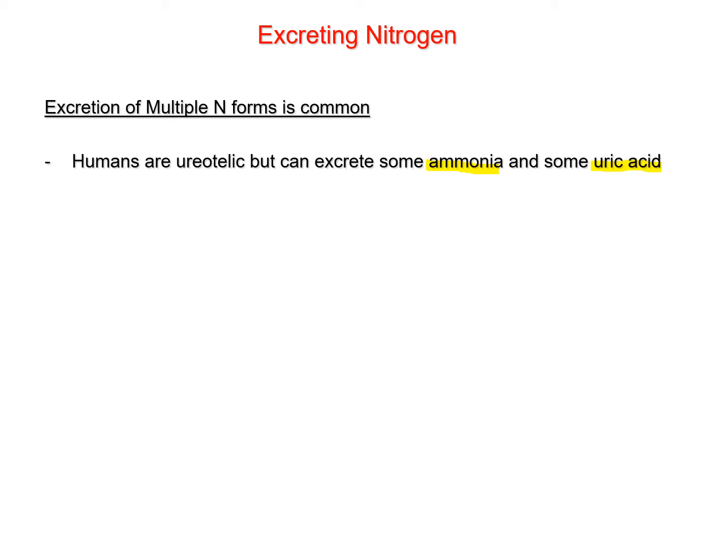And that causes a condition called gout, which is an inflammatory disease of the joint, and therefore is a form of arthritis. Gout: deposition of uric acid crystals in the joint.